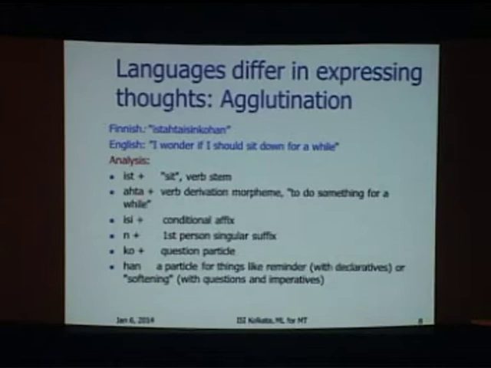So if we look at the morphemes, "eist" is to sit down, "ahta" is a verb derivation morpheme to do something for a while. So the two together mean to do something for a while. "Isi" is a conditional suffix that corresponds to if. I wondered if. "N" is the first person singular suffix, I. "Ko" is a question particle, and "han" is a particle for things like reminder.